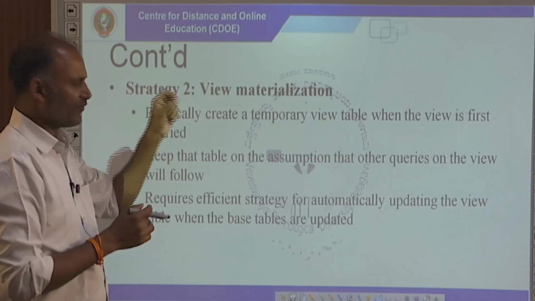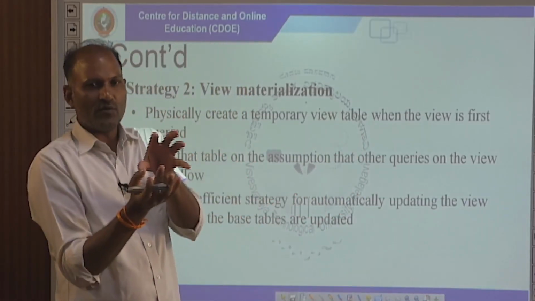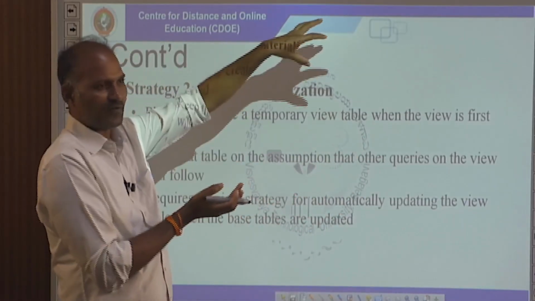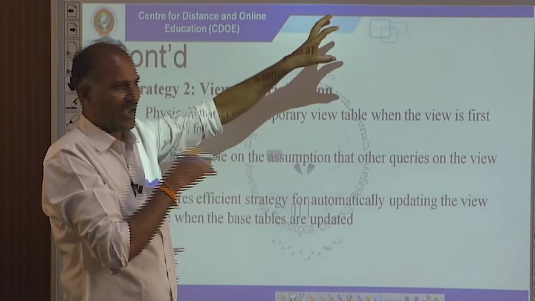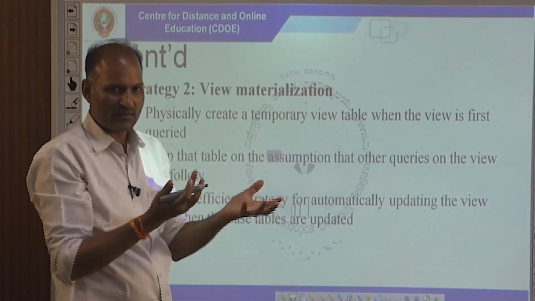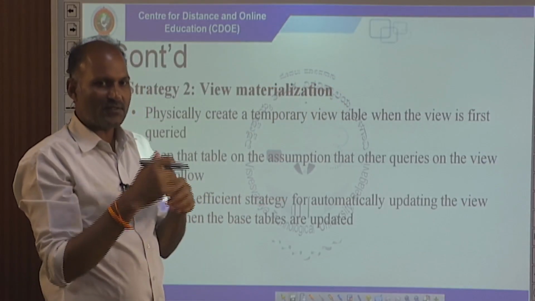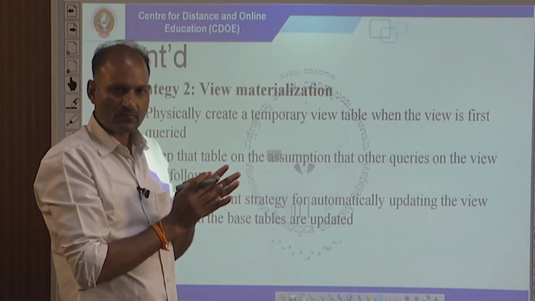That is called view materialization. It is something like storing the temporary table as a part of cache and referring to the data present in cache frequently. What does the cache do? Data which is referred to frequently will be stored in cache memory.